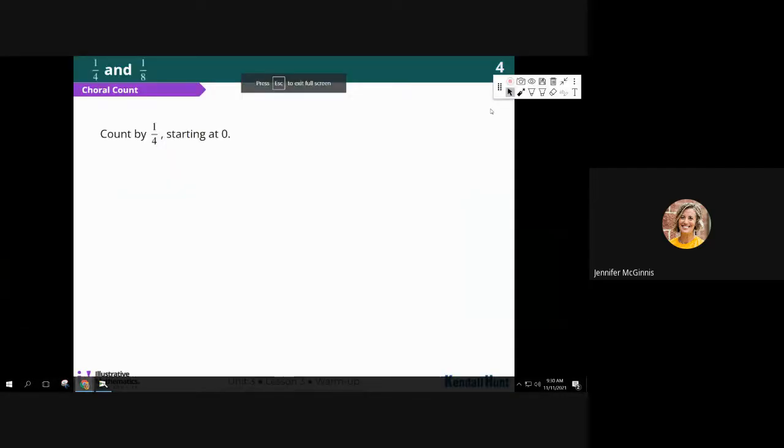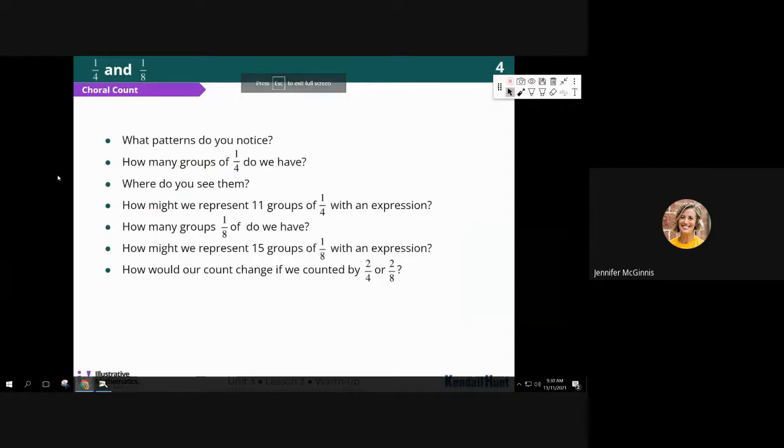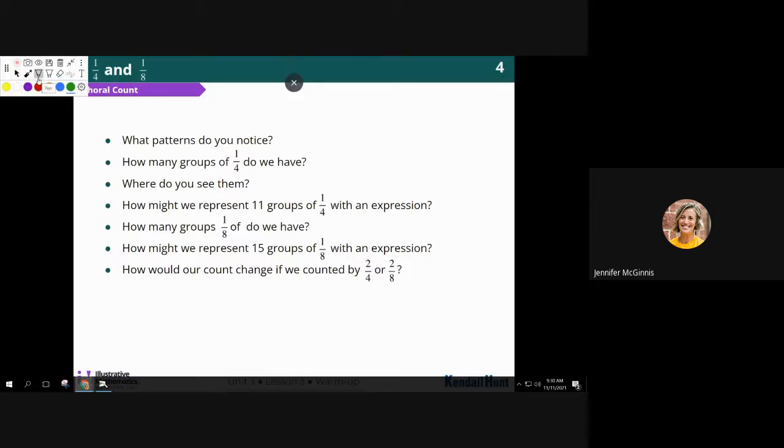All right. So let's move on past this. What patterns do you notice? We talked about that. How many groups of 1/4 do we have? How many did I ask you for? 4. So we had 0/4, 1/4, 2/4, and 3/4. Okay?